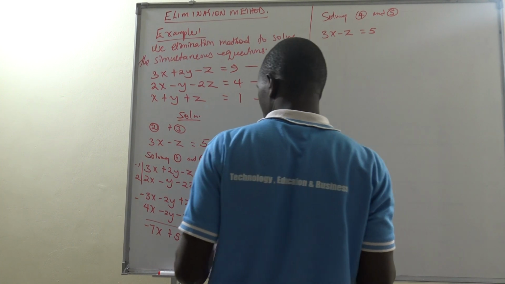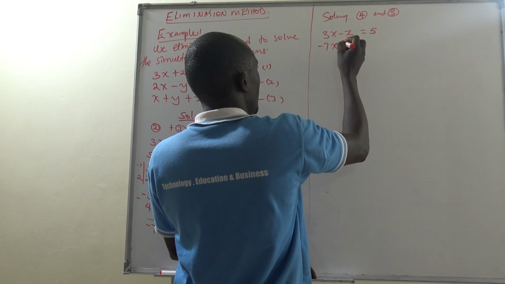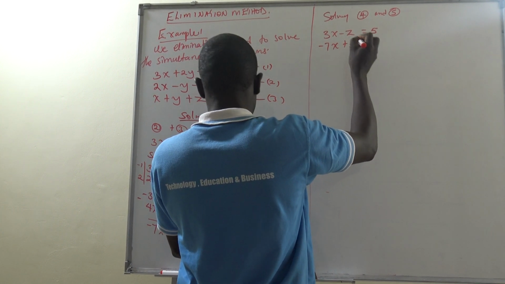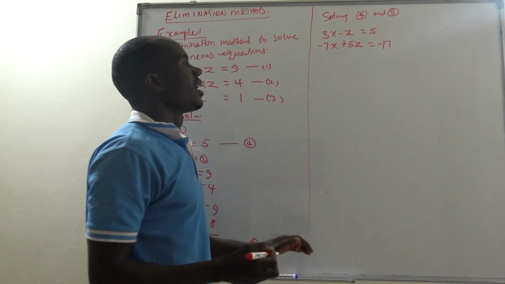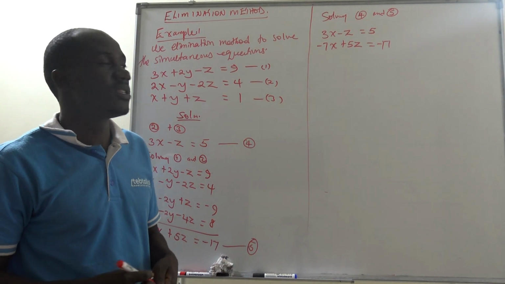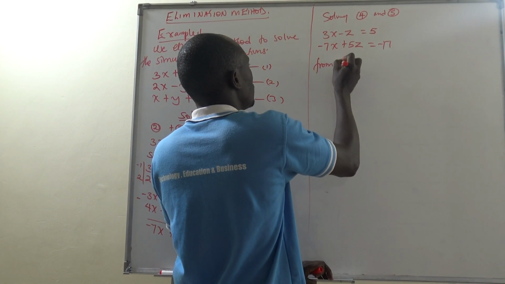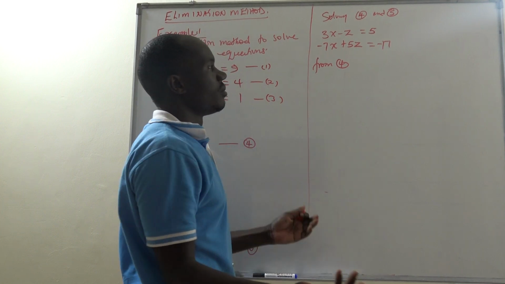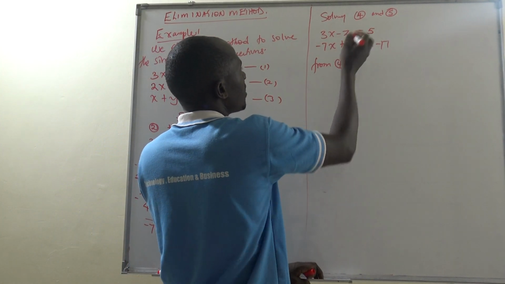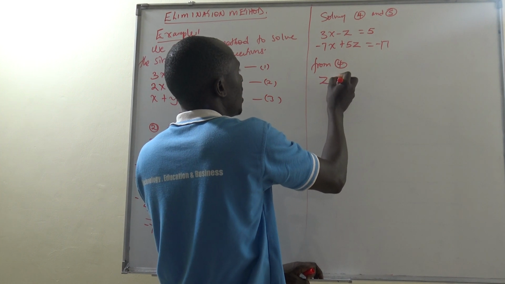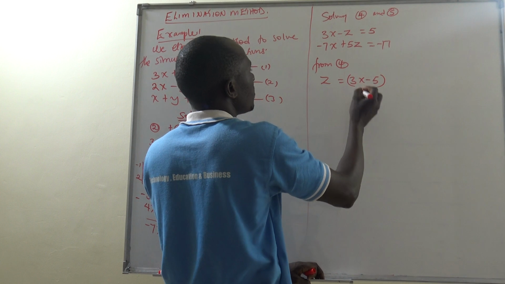Equation 5 was saying negative 7x plus 5z equals negative 17. You can eliminate here, or you can use substitution. From 4, make z the subject. z becomes 3x minus 5.